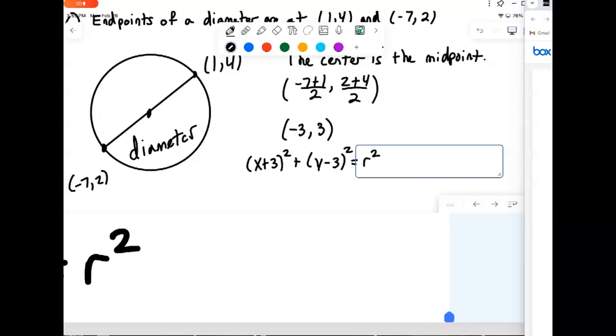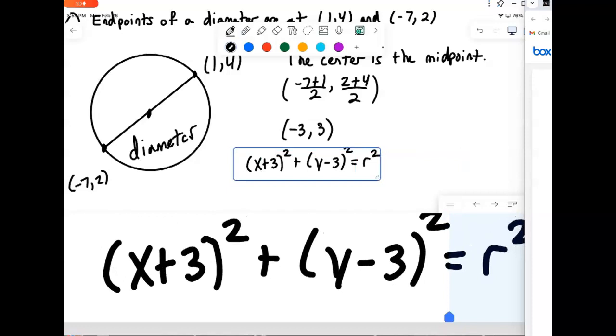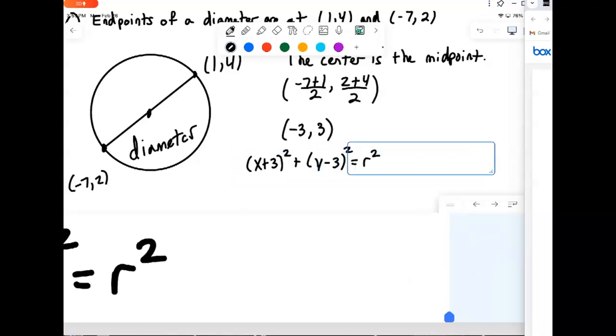All that's left for us now is to find what r squared is. So we take our x and y values.